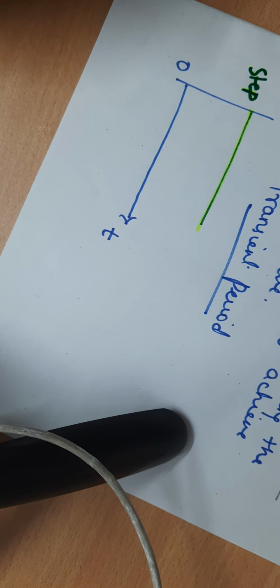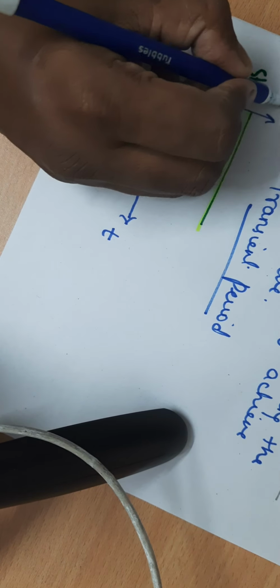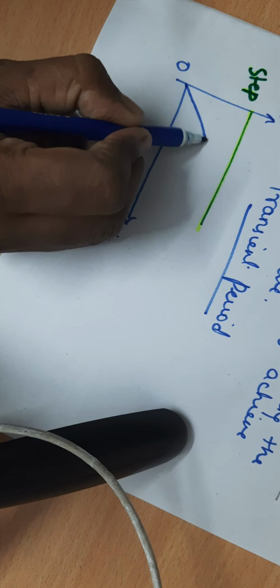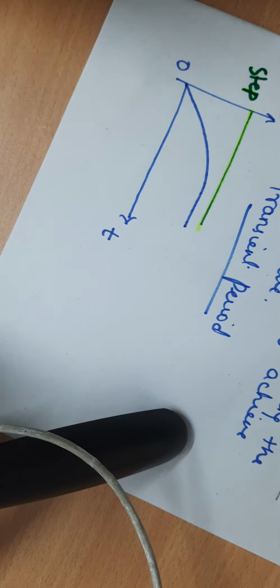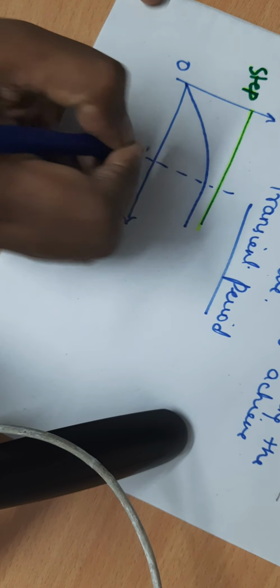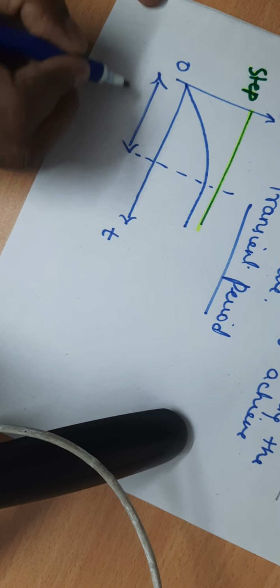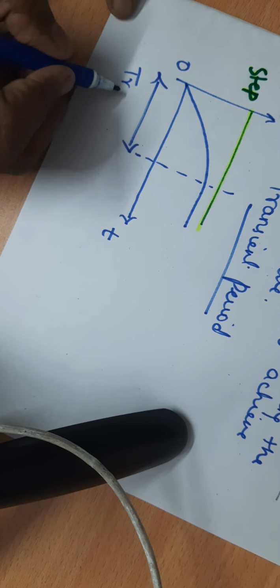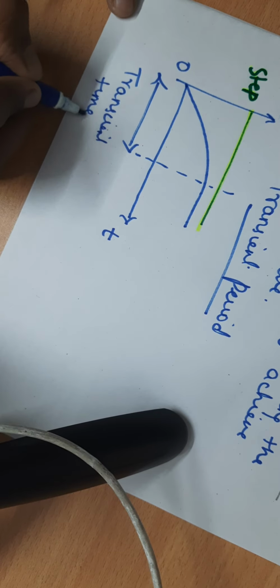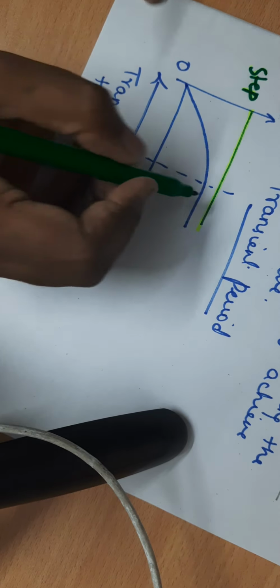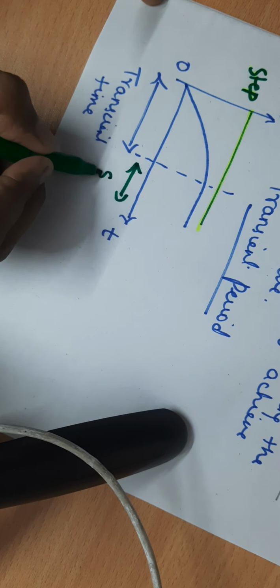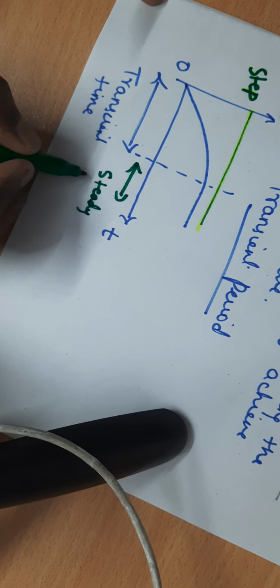The C of t is here, and this period we will call it as transient time. Okay. And this period from where it has started to become stable, we call it as steady state.